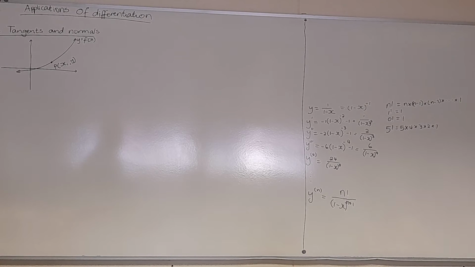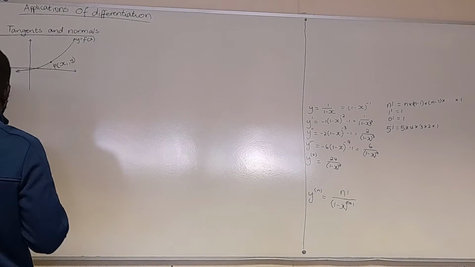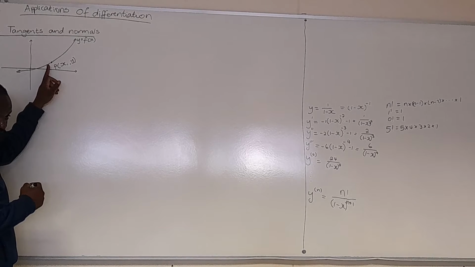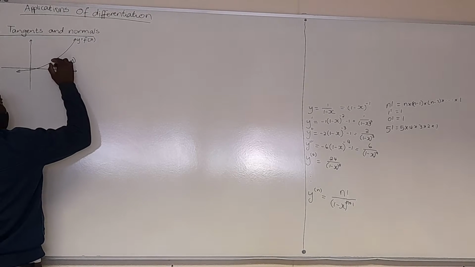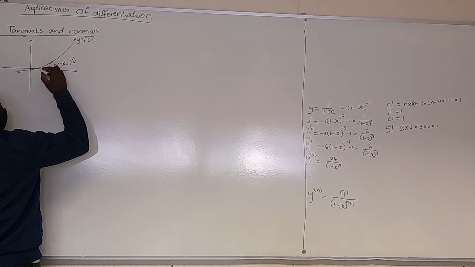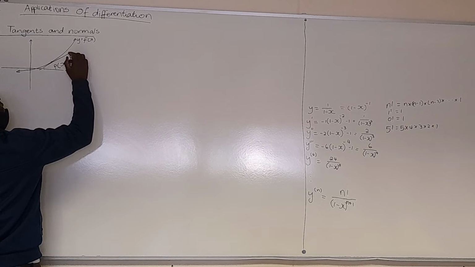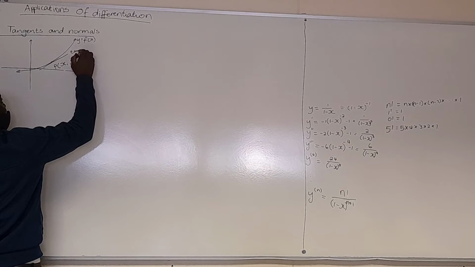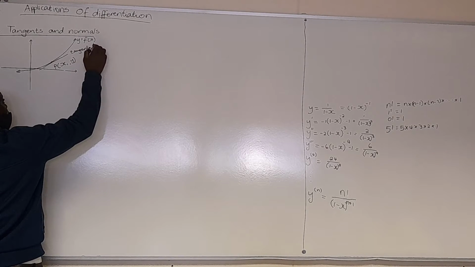So it's a line that touches the curve only at that point. So it only touches the curve only at that point. So that is the tangent line.